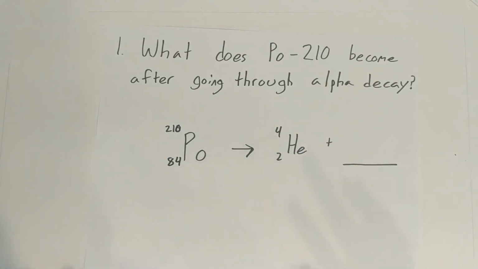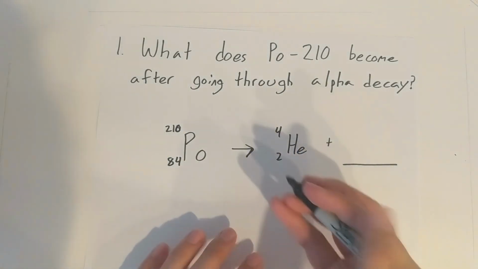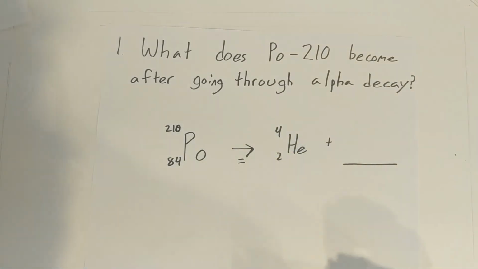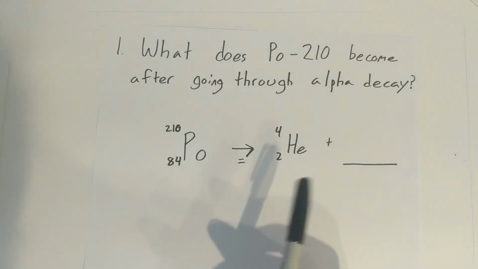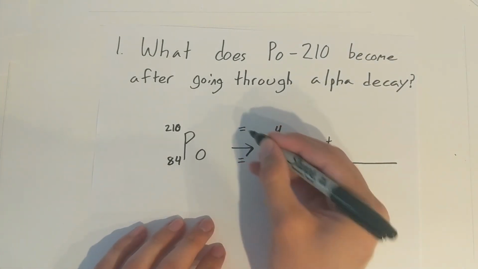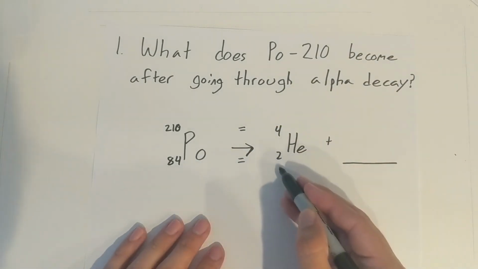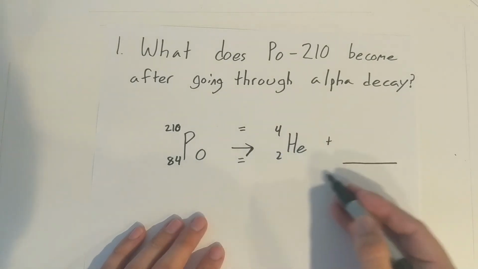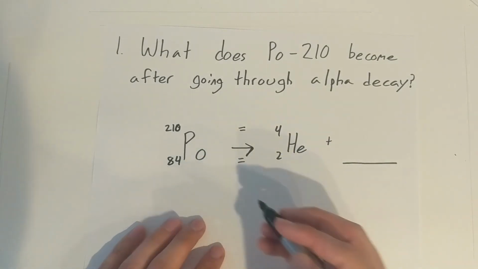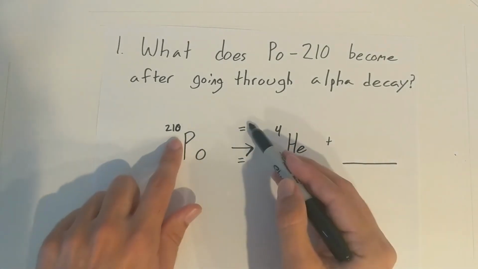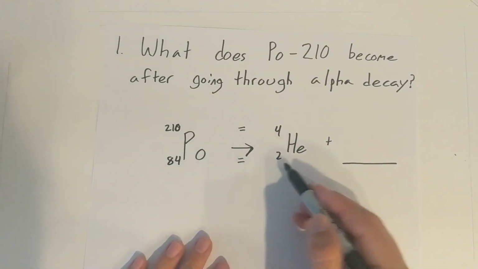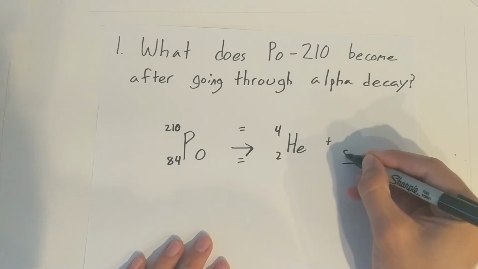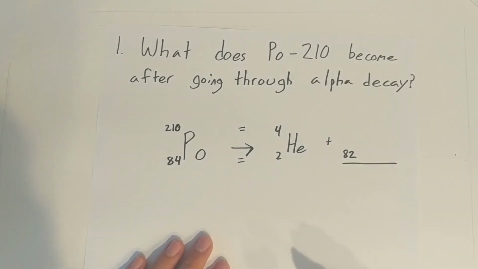And what's important to solve these problems, and why we can use these symbols to help us with the math, is that on both sides of this arrow, our atomic numbers, or we could think of these as nucleus charges, have to equal each other. And on the top, the mass numbers have to equal each other. So 84 is equal to 2 plus 82.